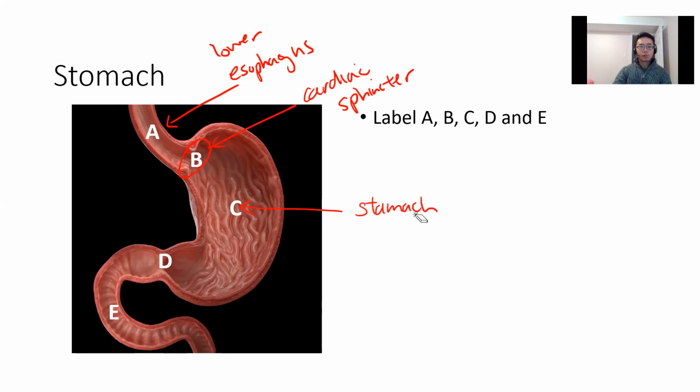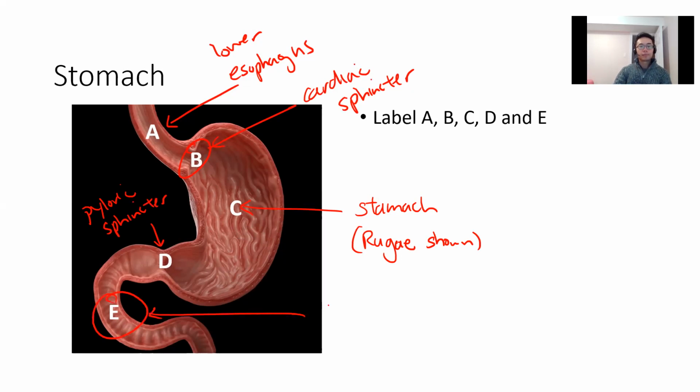And you can see all these foldings. Those are the rugae. That's the pyloric sphincter. And E, duodenum.